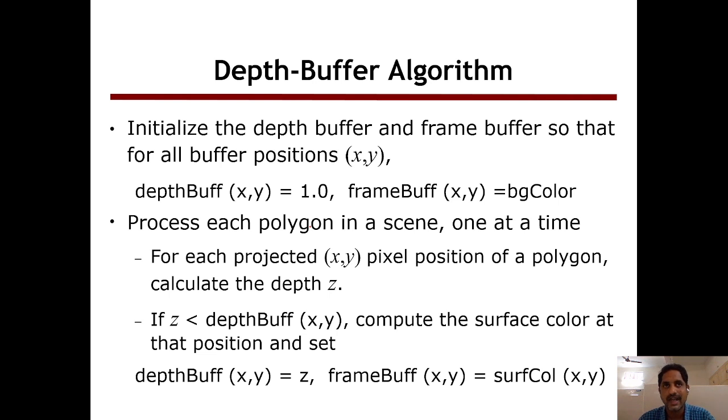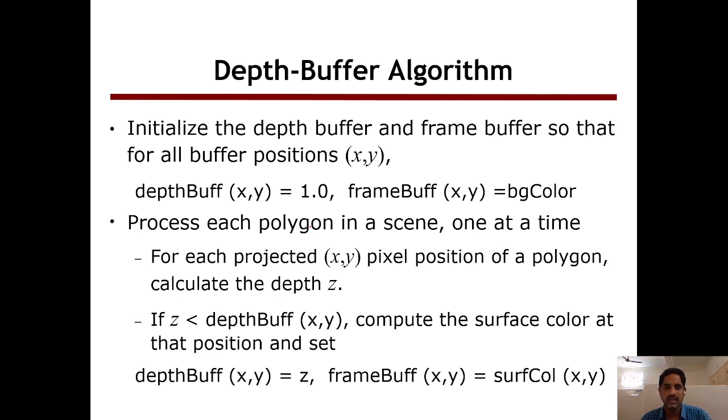Whenever the depth changes, that is, z is between 0 and 1, the depth buffer is changed to the value of z. Then process each polygon one at a time. For each projected x comma y pixel position of a polygon, calculate the depth z. If z is less than depth buffer of x comma y, compute the surface color at that position and set depth buffer of x comma y equal to z and frame buffer of x comma y equal to the surface color of x comma y.